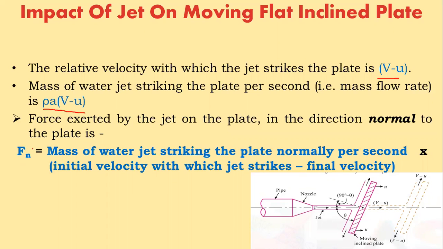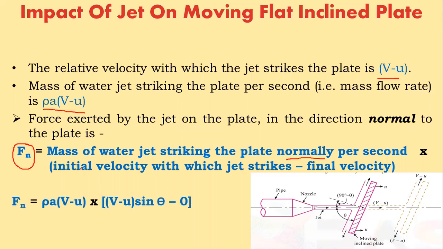Now here what we have to find out is the normal force. First we will always find the normal force, and then we find its two components Fx and Fy. So what is the normal force? It is the mass of water jet striking the plate normally, that is in a perpendicular manner, per second, into initial velocity with which the jet strikes minus final velocity.